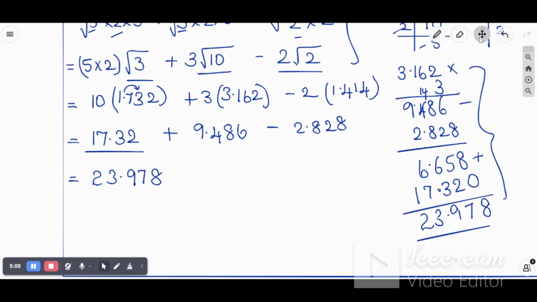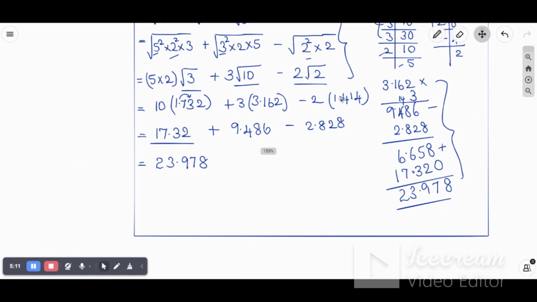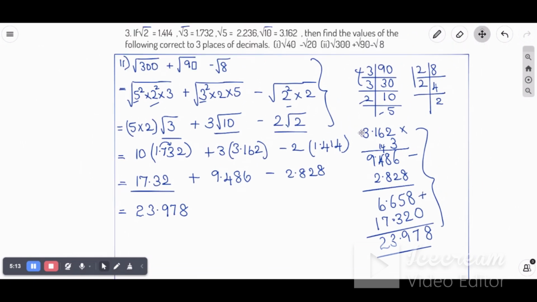So hope you understood this question. The question is nothing but factorization, factorization, factorization. So that is the only step you have to remember everywhere, and take the square numbers outside and then start applying your values. Here also, please don't do the square root of 2 and square root of 5. It will be complicated again because square root of 2 is 1.414 and square root of 5 is 2.236.